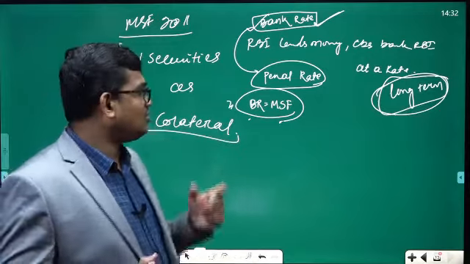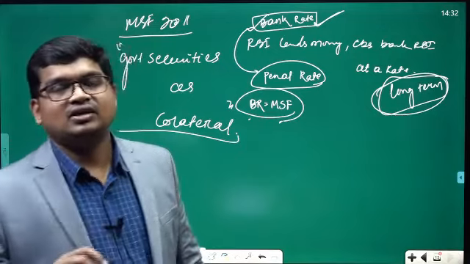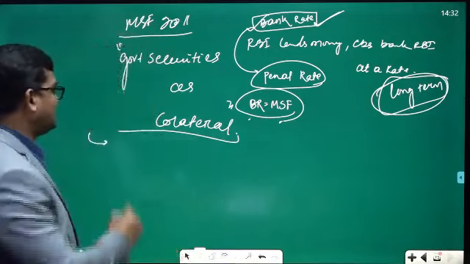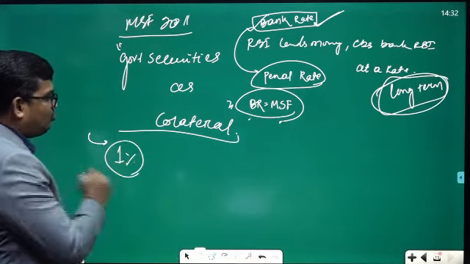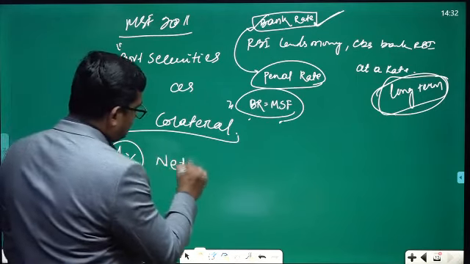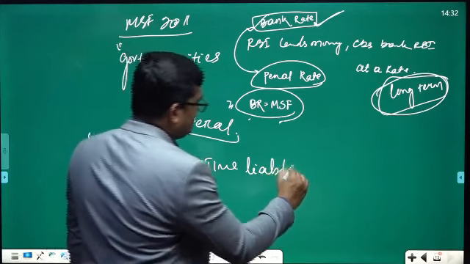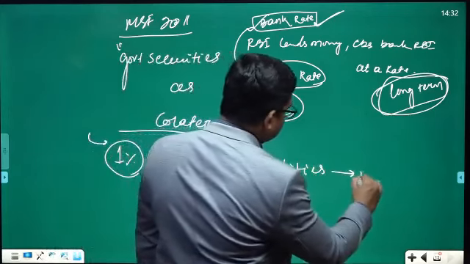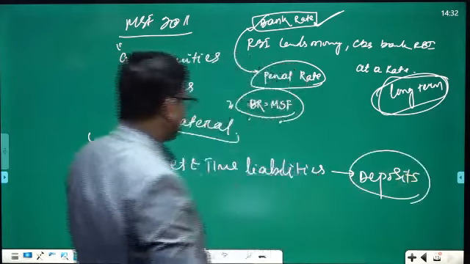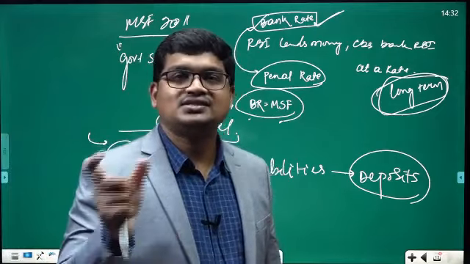The answer is, commercial banks can borrow these short term funds only up to 1% of their net demand and time liabilities, or you can say net demand and time deposits. So up to 1% of their deposits, they can simply borrow.